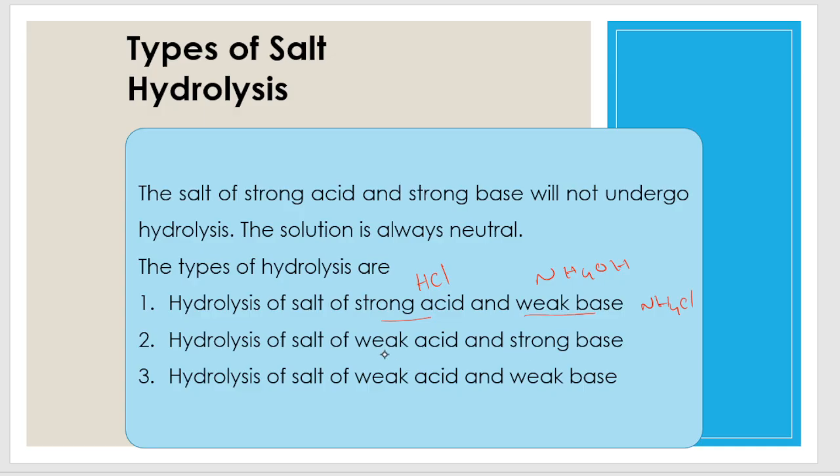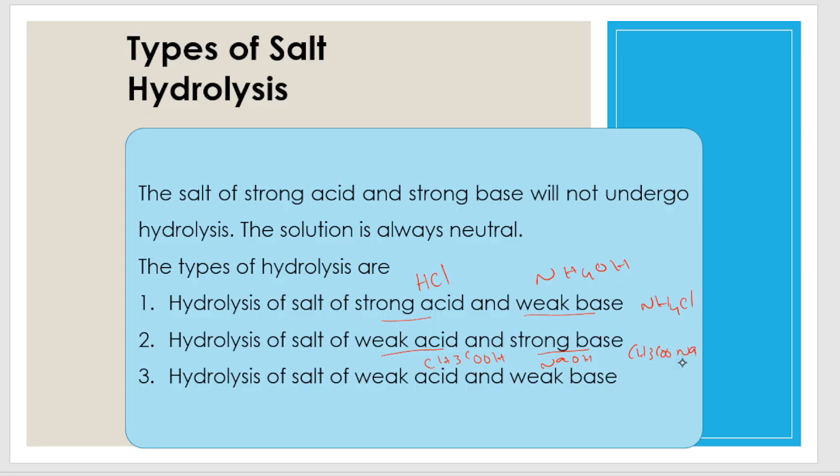Similarly, if we consider a weak acid, say CH3COOH, acetic acid, and a strong base, NaOH, the salt formed is sodium acetate, CH3COONa.